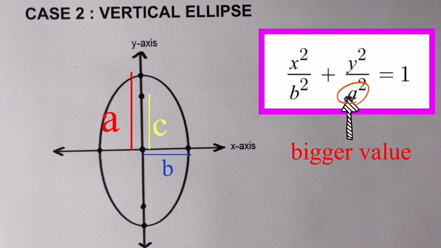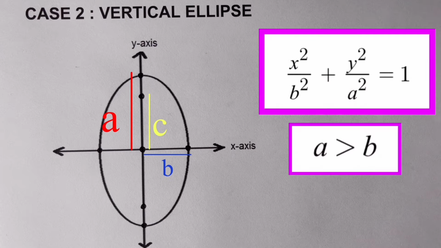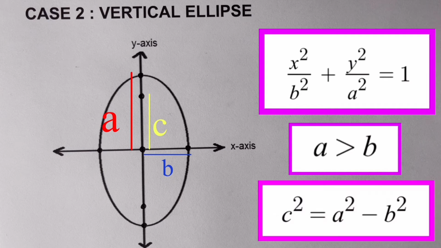This means that if the denominator under the y squared is bigger than the denominator under the x squared, we get a vertical ellipse. And again, A is always greater than B. To determine the length of C, we use the equation c squared equals a squared minus b squared. So these are the parts of an ellipse, and these are the two cases of an ellipse.